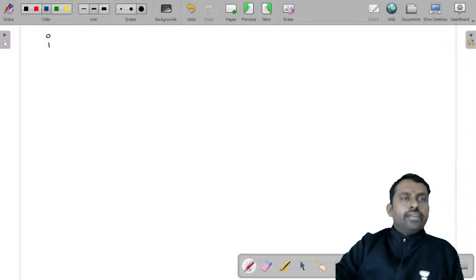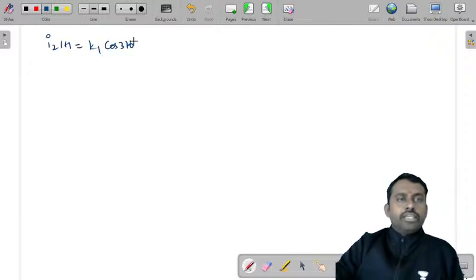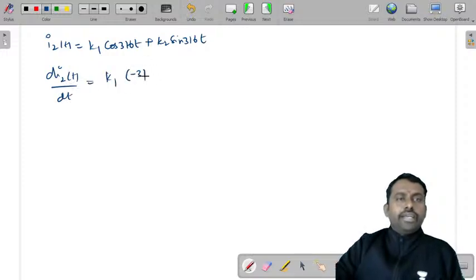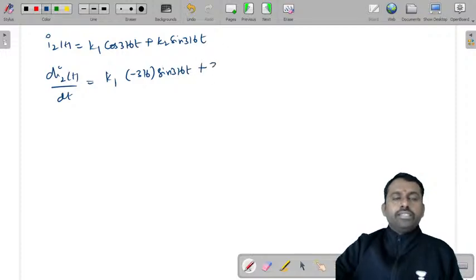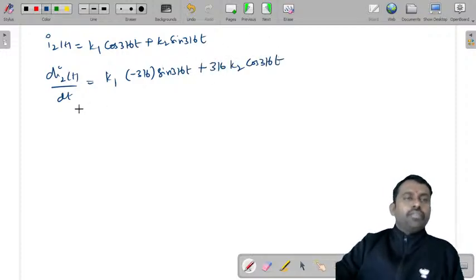So we can write I2 of t is equal to K1 cos 316t plus K2 sin 316t. Differentiating it, di2 by dt is K1 into minus 316 sin 316t plus 316 K2 cos 316t.